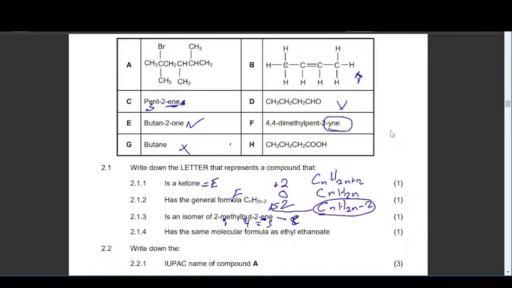Then it has the same molecular formula as ethyl ethanoate.